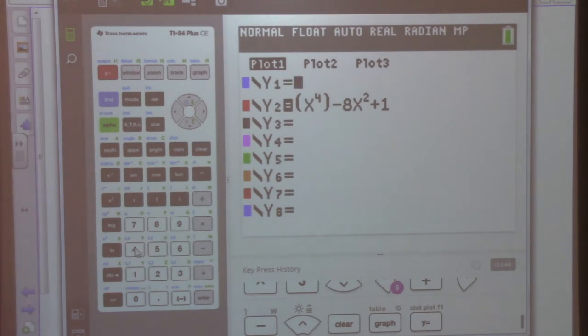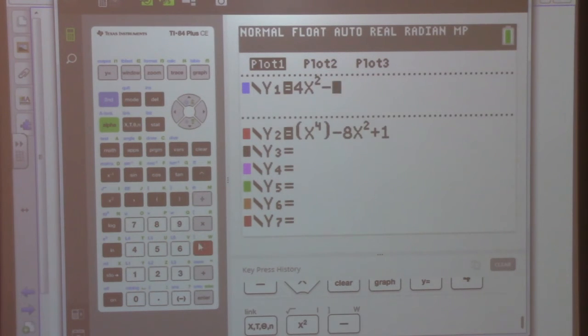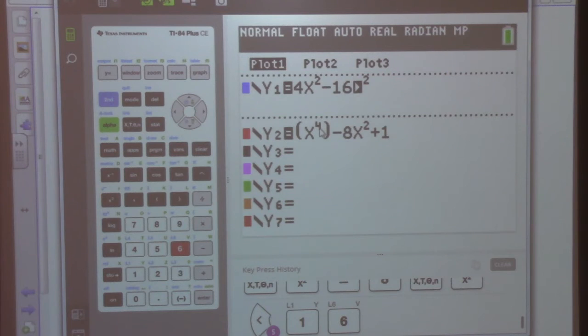So here we have 4x cubed minus 16x, excuse me. Is it 16x? 4x cubed is what it should be. I got this wrong all over the place.